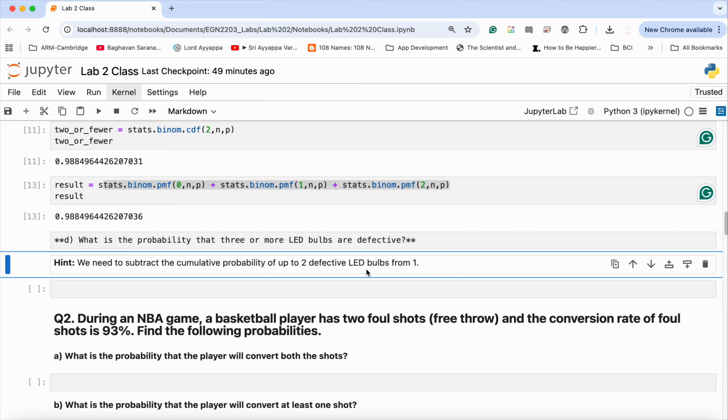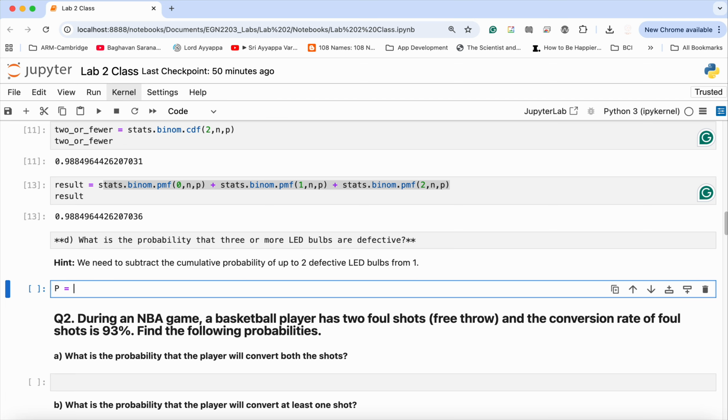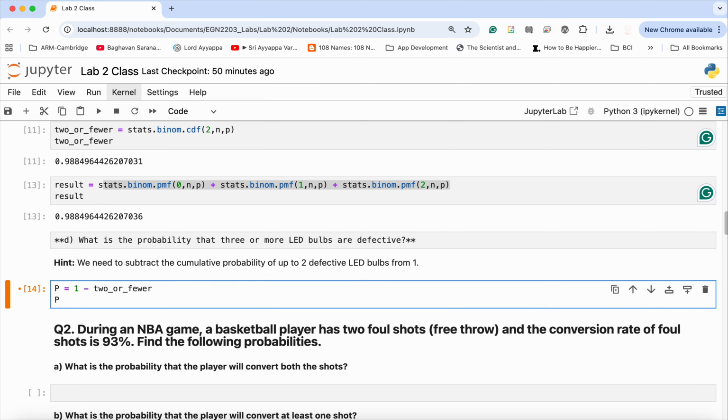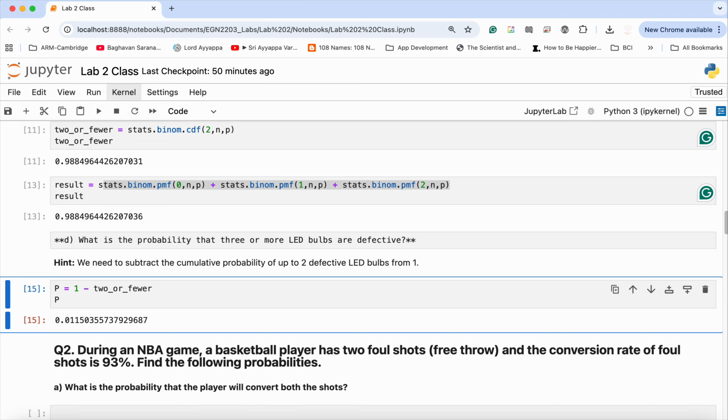We want to calculate the probability of 3 up to 10, but we know from 0 to 10 is 1, and I want the answer from 3 to 10, which is equivalent to saying the total probability subtract the probability of 0 to 2. So what I need to do is say p equals 1 minus the cdf for 2 or fewer. The answer is 0.0115.